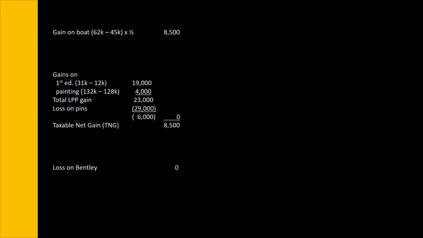The gain on the boat should be labeled as being 3B subparagraph 1 big A. The gains and losses with respect to LPP should be labeled as 3B subparagraph 1 big B. And then the loss on the Bentley is 3B subparagraph 2. So the amount that is going to impact NITP would be a taxable capital gain of $8,500.